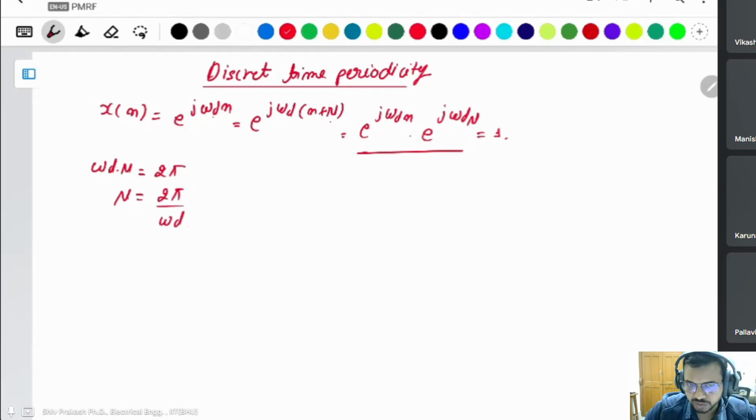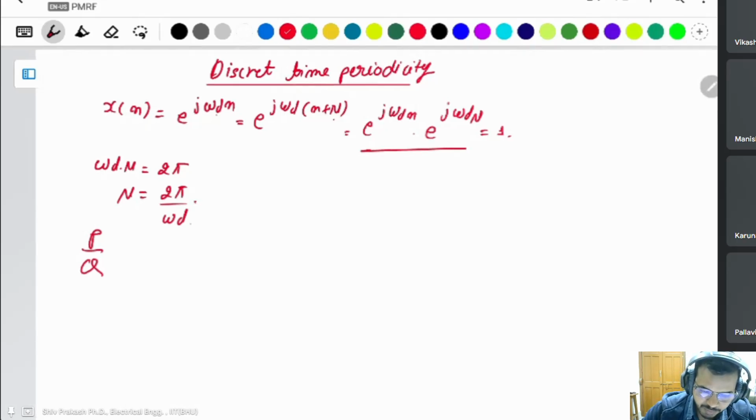But there is also the possibility of a rational number, in the form of p by q. Then we can find it in decimal also, but the time period should be an integer number.